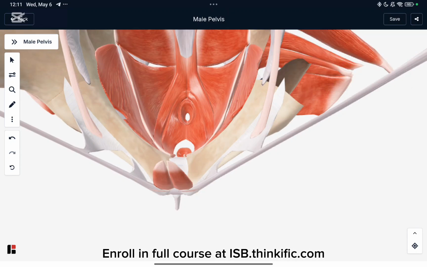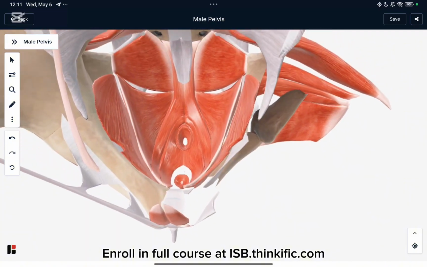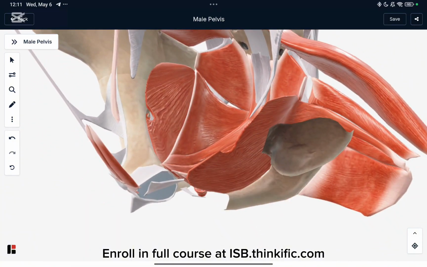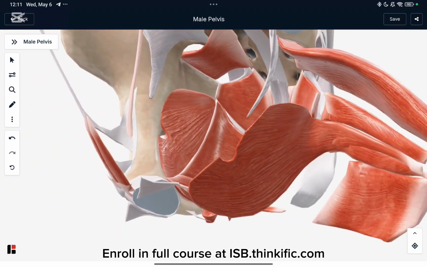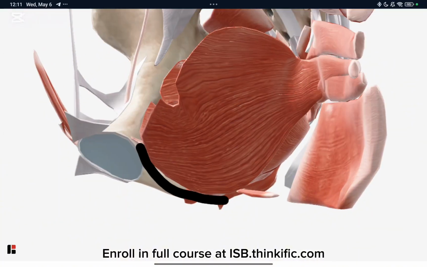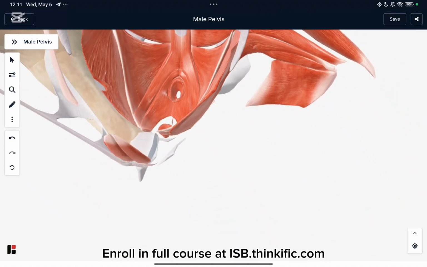Let's remove the bone over here and just see how these muscles exactly descend. As you can see, they descend downward, something like a bowl or a sheet. They meet each other from both sides. And let's get the bone back.